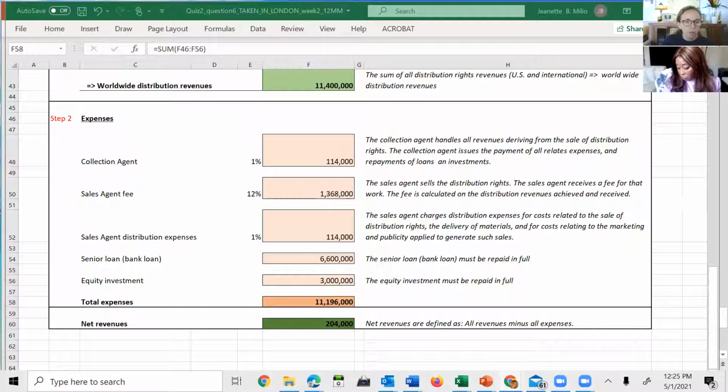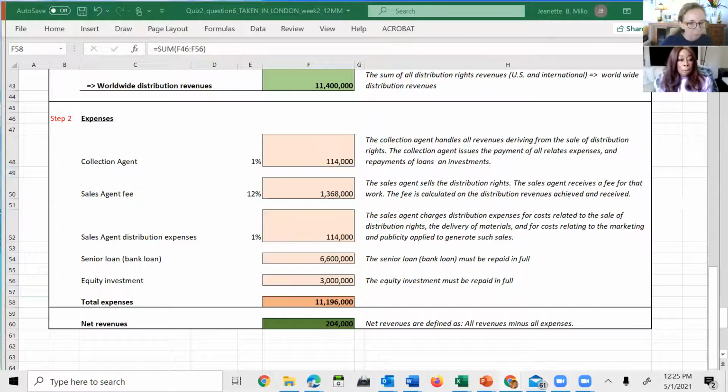Quiz 4, where do I have you? Quiz 4, 1, 2, 3, 4. Okay, so let's see what we have here. I think that's the equity one, but I'll check. Question 5, yes. Okay, so we're going to do quiz 4, question 5.